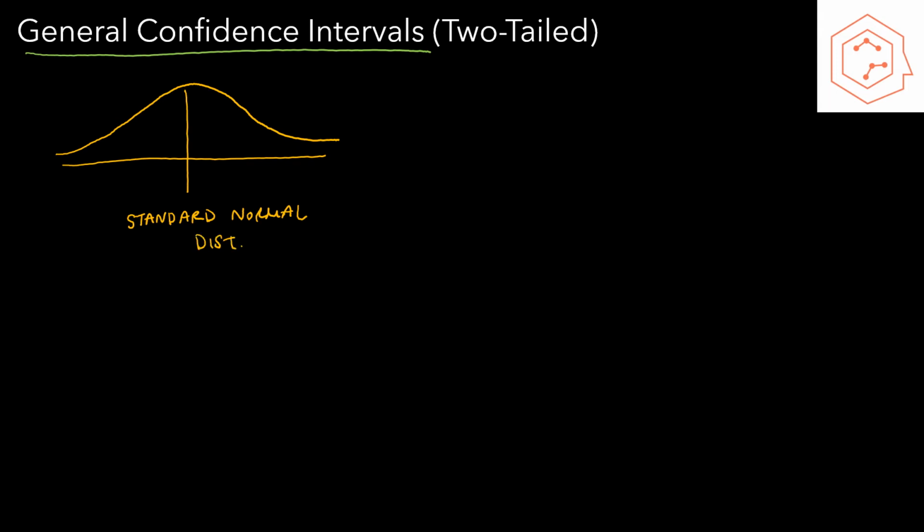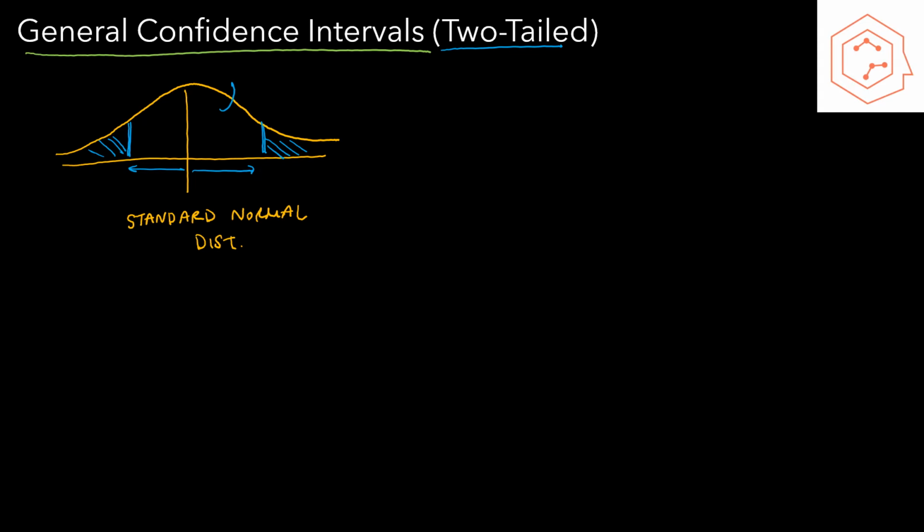So right now, our goal is to create some interval where inside we know the area under the curve, we know the percent, and we have 2 tails on the side. So we're going to go an equal distance above the mean and an equal distance below the mean. So we have 2 tails or 2 cutoff regions. That's why we're calling this a 2-tailed confidence interval.